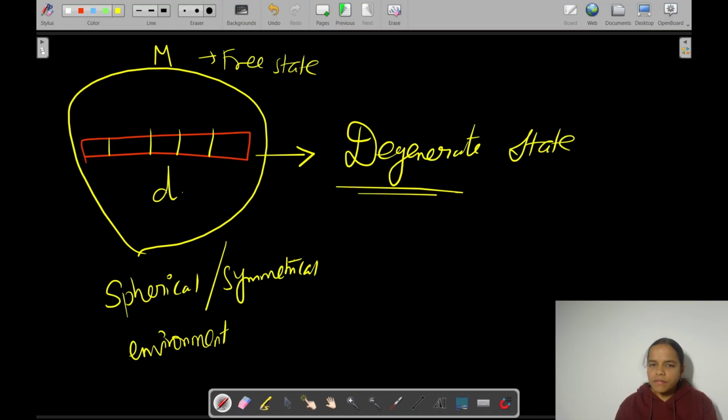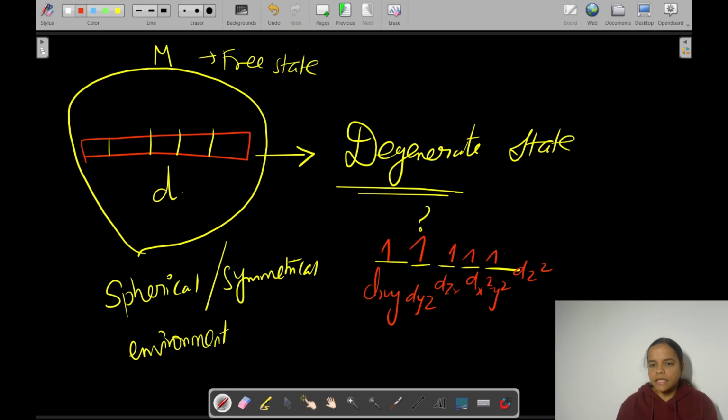What does degeneracy mean? It means all the 5 subshells and the electrons in them, for example, I'm just filling up all the 10 electrons, are all in the same energy state when it is in the spherically symmetrical environment.